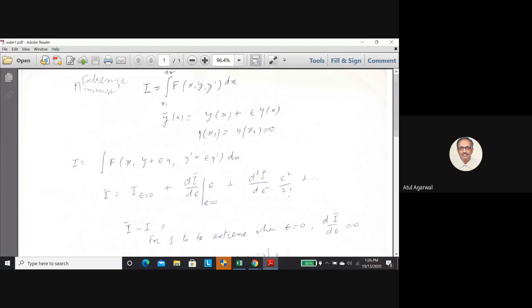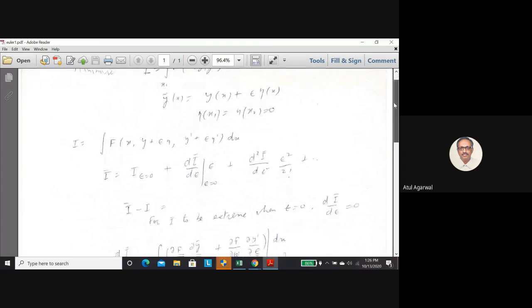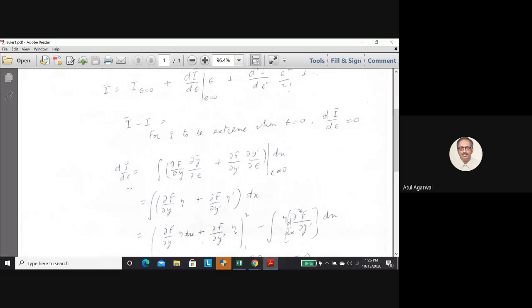Look here, x is an independent variable. Y is the value you want to find. So you're playing with y. You're varying y using this form, so you want its derivative with epsilon. You take the derivative with y, then the derivative of y with epsilon, and the derivative of f with y prime, with epsilon.